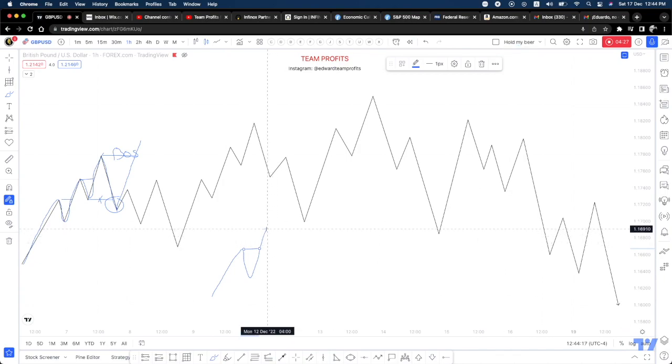A break of a structure would happen when the price does this, induces first to the downside, and then goes up. This is a BOS. This is actually a confirmed BOS because the market is inducing first, taking liquidity out before going up. This is an inducement because there is no break of a structure.